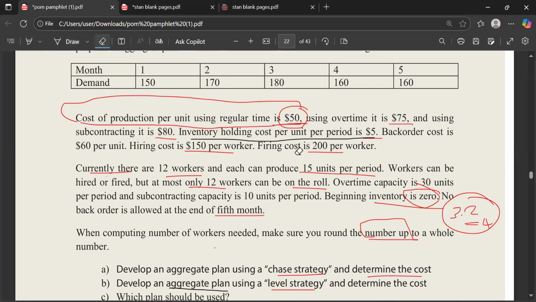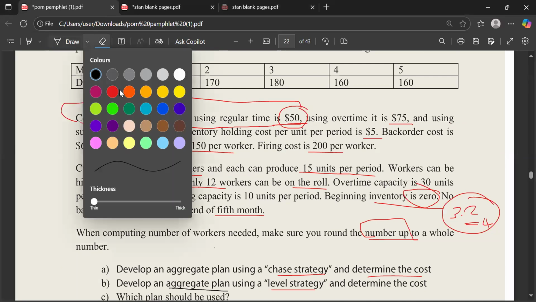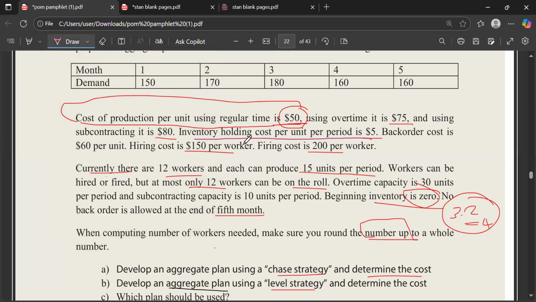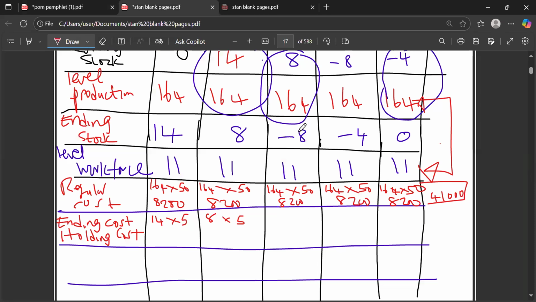So you multiply 5 by 5 and so on. Here these were negatives, so forget about them. So these are zeros. Here it's giving us 70. Here, what is 8 times 5? 40. The total is giving us 110. All right?